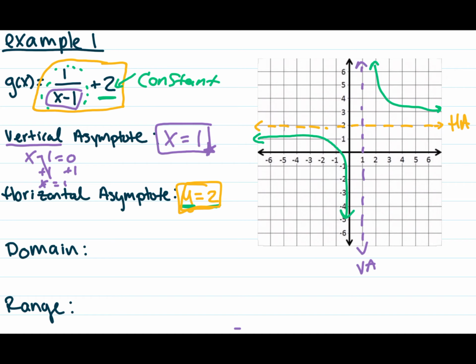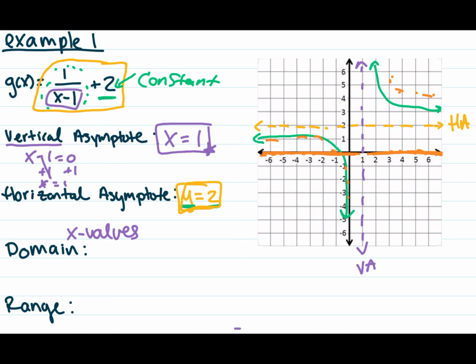Alright, so now let's talk about domain. Domain is all x values, right? So if we're looking at our x-axis, I'm just scanning across this and saying, where does this function exist? Well, I've got all these numbers here on the x-axis that have a point somewhere on this green curve right up here. And then I've got values on this side of the x-axis with points on this other green curve.